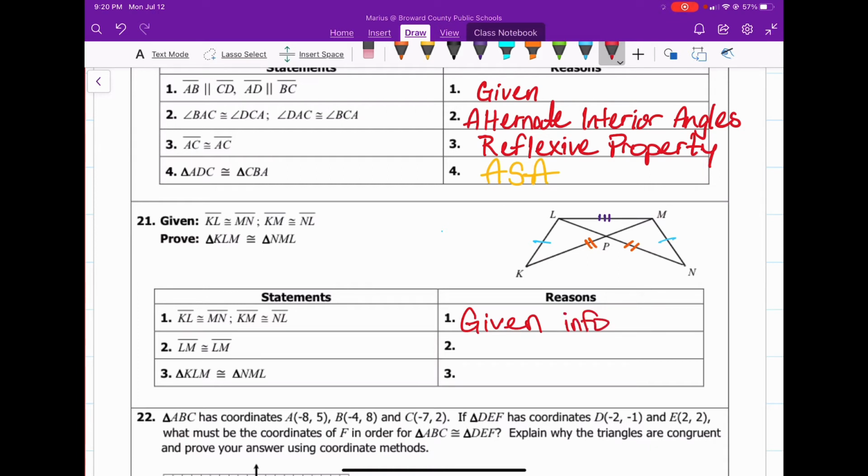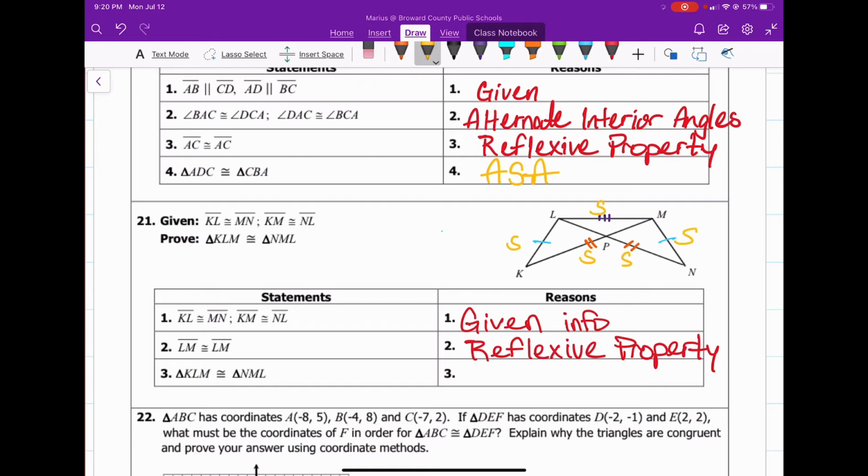Then number 2 is basically our reflexive property, because it's a shared side. And the last one, which we didn't label, I forgot to label here, but it's side, side, side.